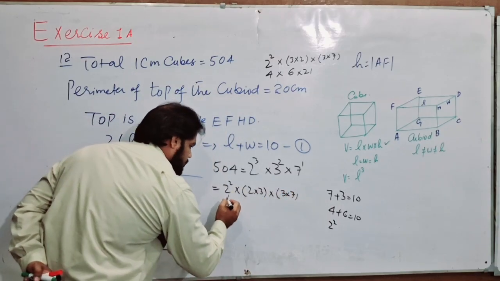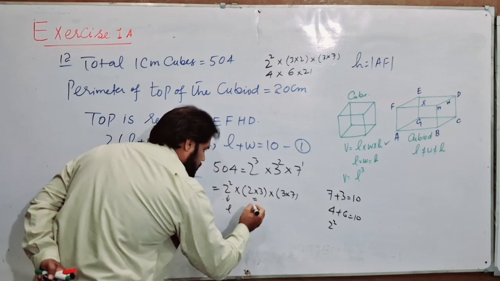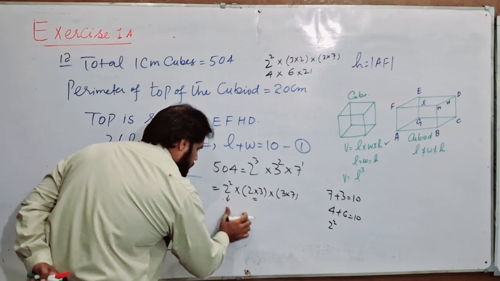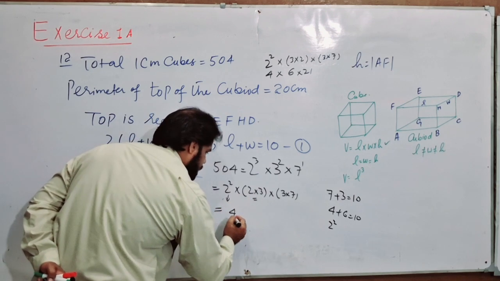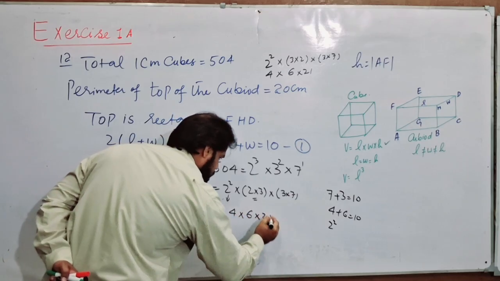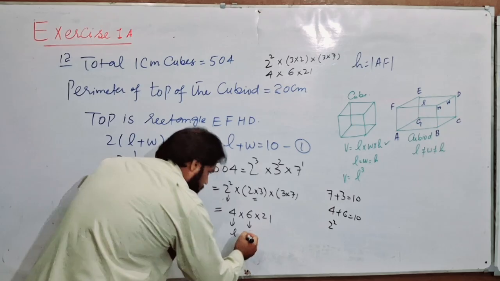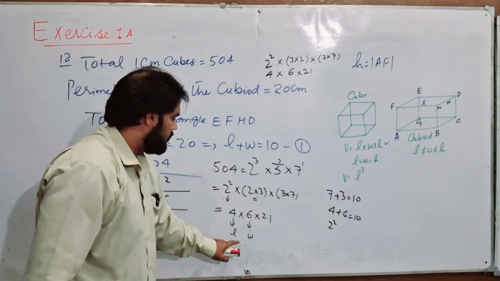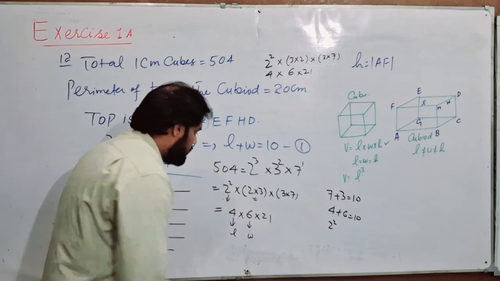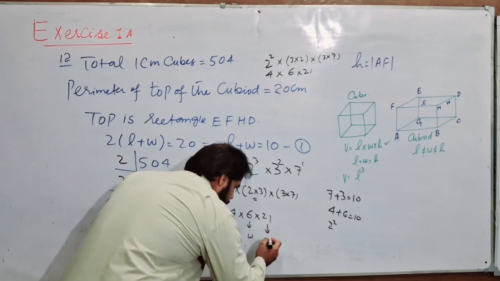If this is my length, 2 into 3 is 6. Further you can write it as 2 into 2 is 4, 2 threes are 6, this is 21. This is my length, this is my width. So it completes the first condition, length plus width is 10. So this will be height H.